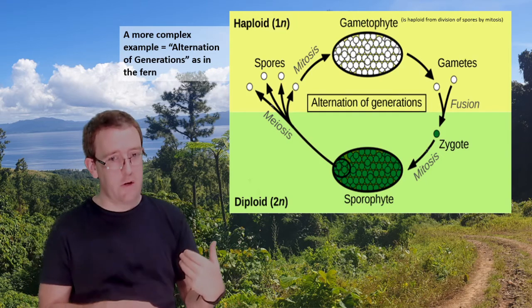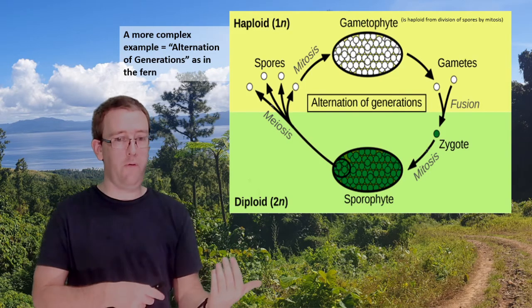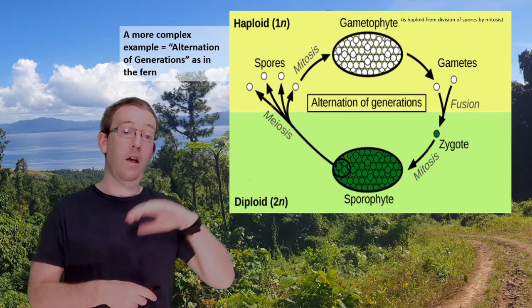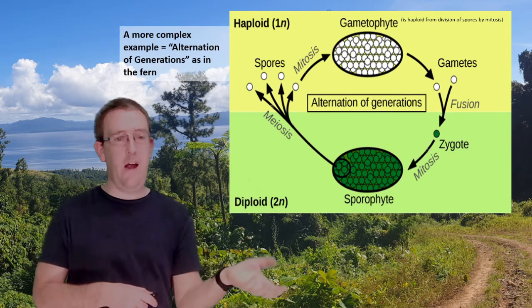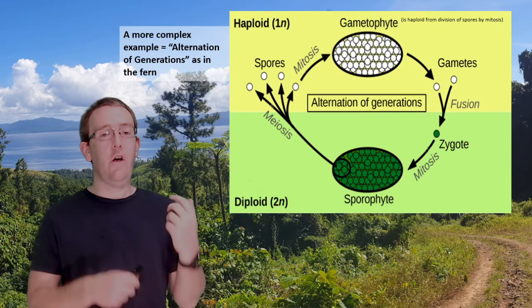You get a zygote in the normal way, that then goes through mitosis again and grows into an adult sporophyte. So every other generation, your mosses and ferns are haploid, diploid, haploid, diploid. That's why we call this the alternation of generations.